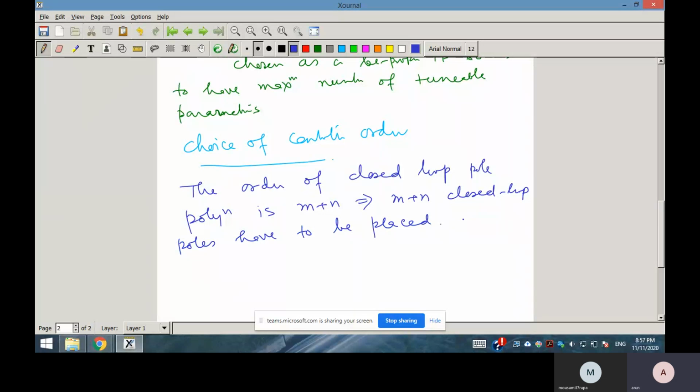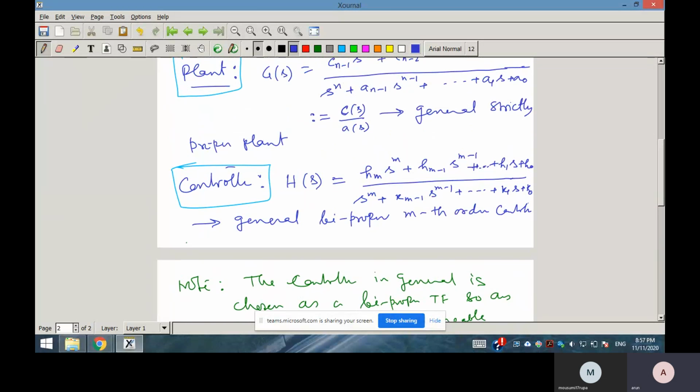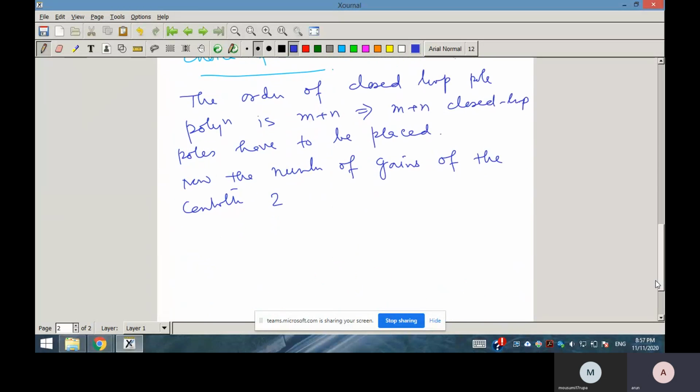There are some rules that I will let you know. So m plus n closed loop poles you have to place. Now, the number of tunable variables, the number of gains of the controller: how many control gains are there? m plus 1 in the denominator and m in the numerator, so 2m plus 1.